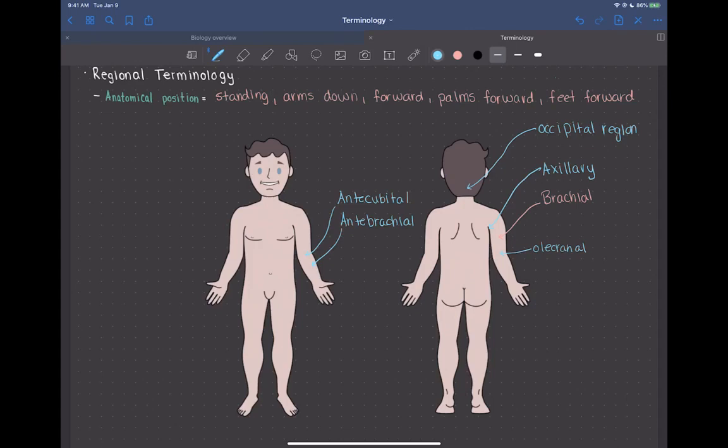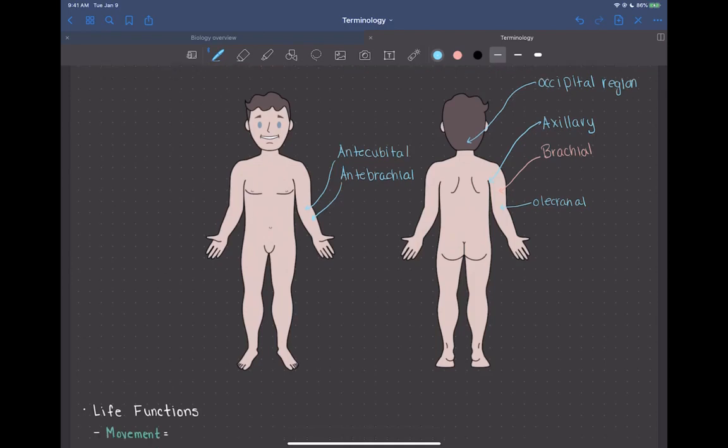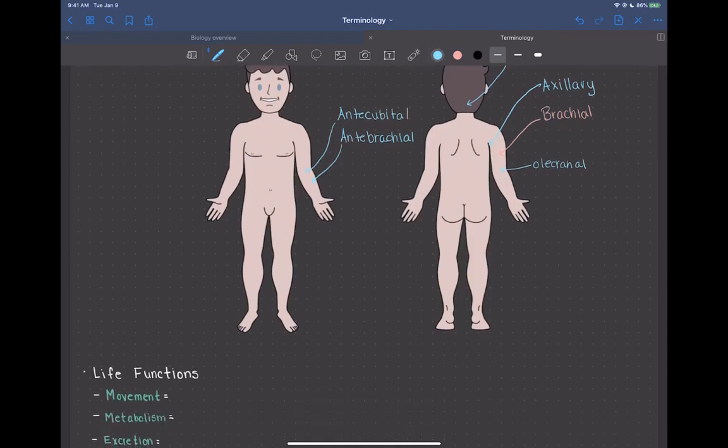So, I think your textbook and your lab book have a weird definition for this word. All right, so the hallux. I think your textbook and your lab manual say that the definition for hallux is the great toe, and a lot of people wonder what the heck the great toe is.